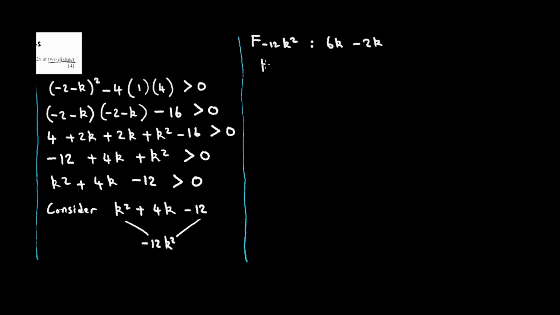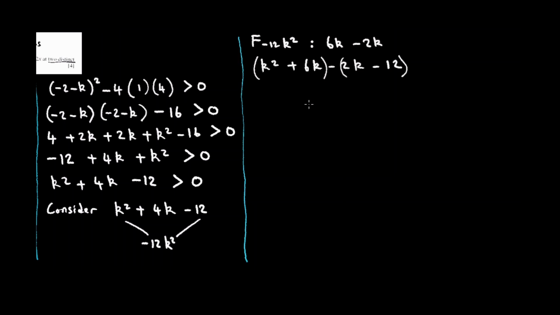That means k squared plus 6k minus 2k minus 12. We are going to replace the middle term with this expression. We bracket.